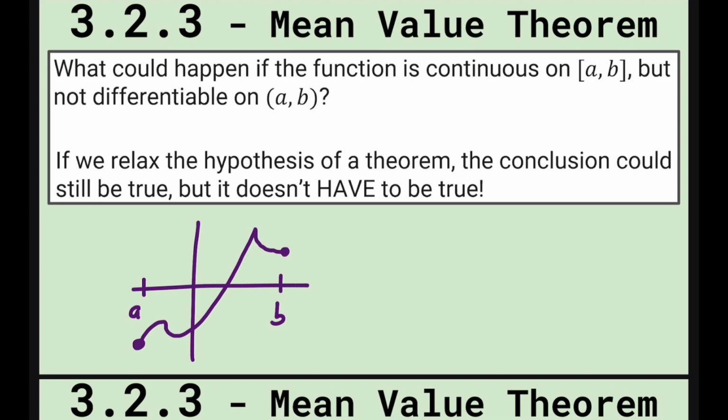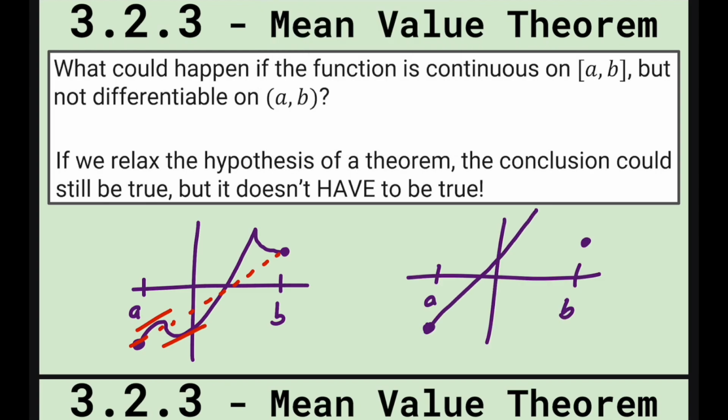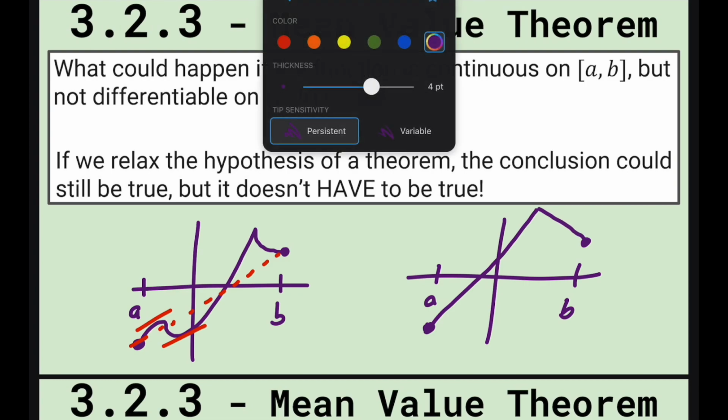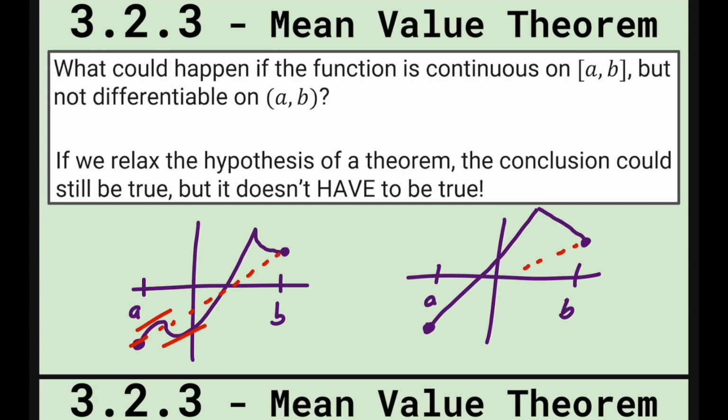However, if you notice the slope of the endpoints, I'm going to use a different color here to show this. The slope of the endpoints here, there are other points like here and here that have the same slope. So it could be true with it, but I could also make one that just has a straight line here and then a straight line here. Now if you notice the slope of the endpoints right here, there is not a point that has the same slope as that, because it's a sharp turn.